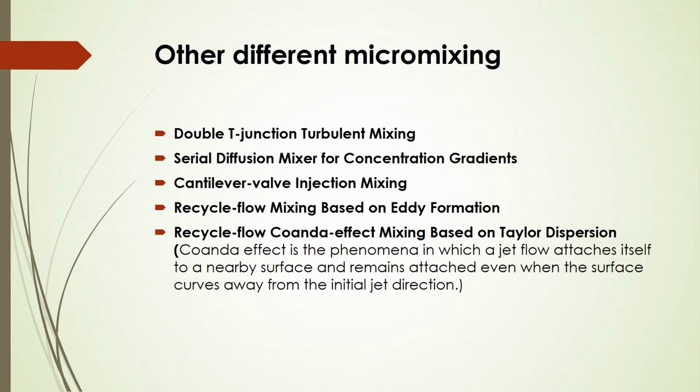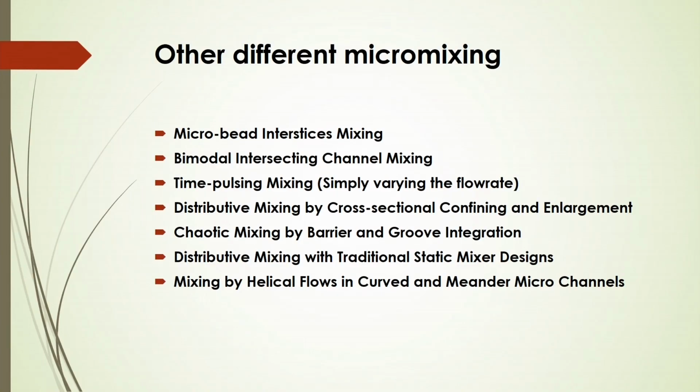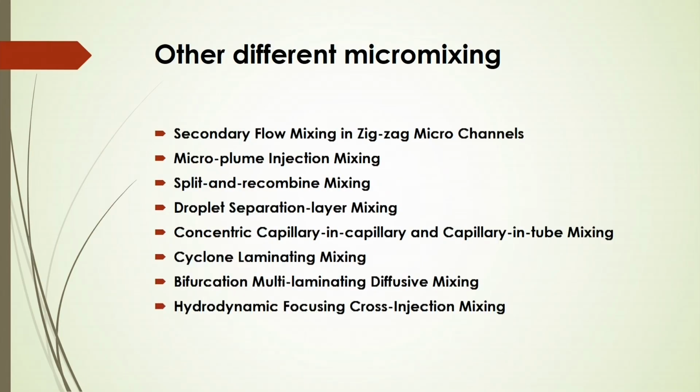There are several other types as well: micro-bead intersticks mixing, bimodal intersecting channel mixing, and mixing by helical flows in curved or meander microchannels. So, these are other different micromixing mechanisms.